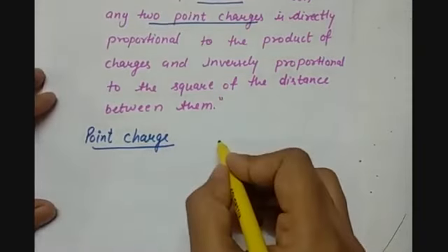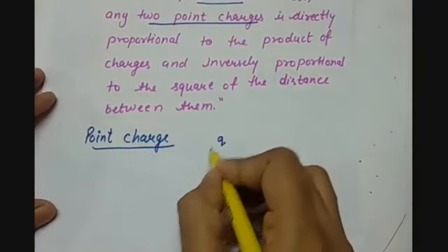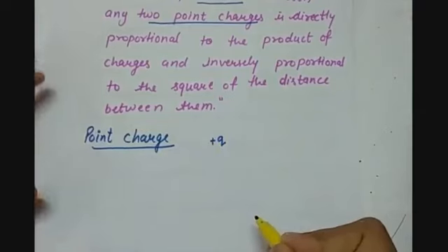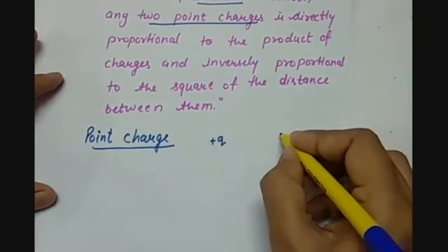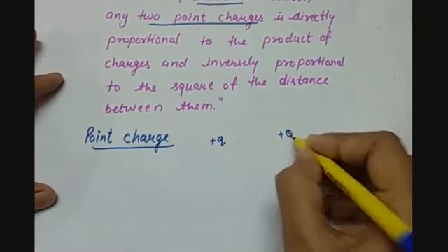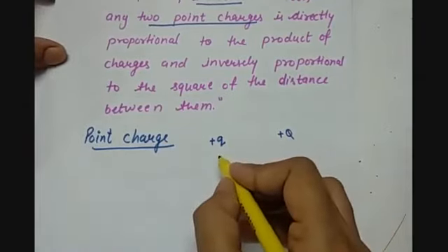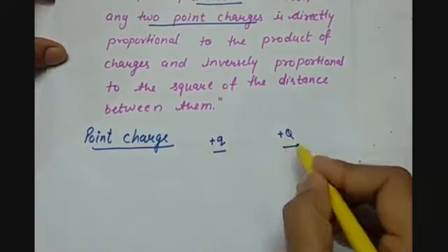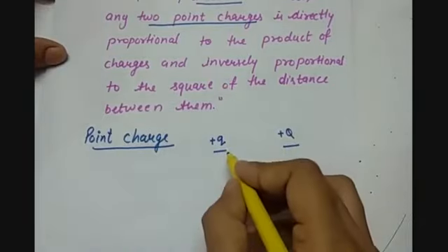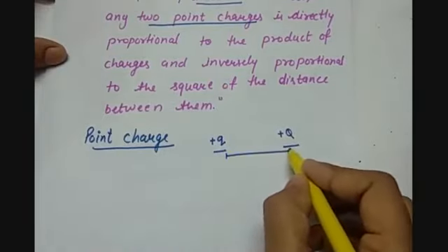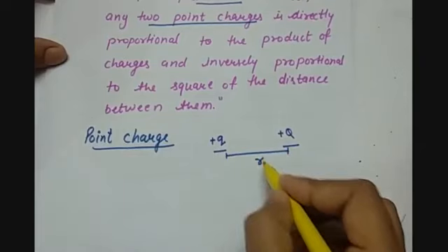Suppose we have a plus Q charge, and here we have another plus charge, which is capital Q and small q. So here we have two charged particles, and let's say they are separated by a distance r.